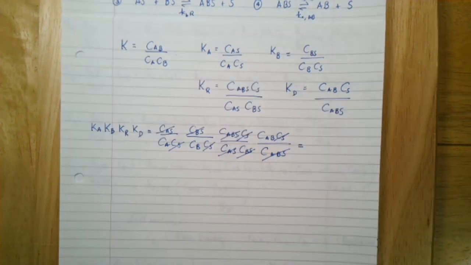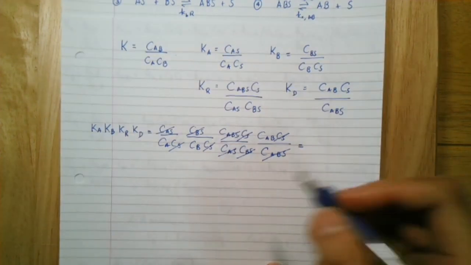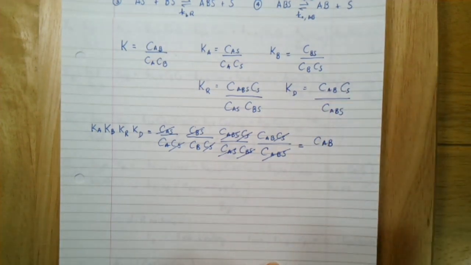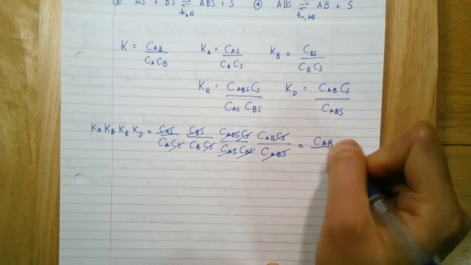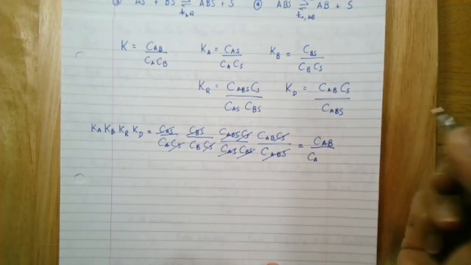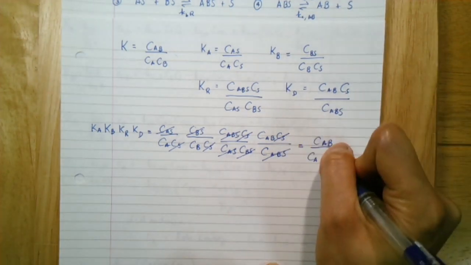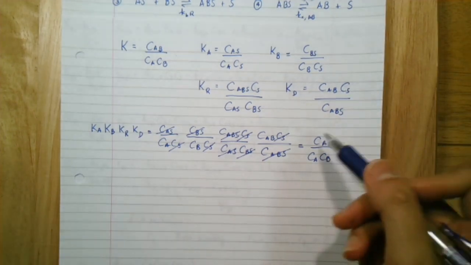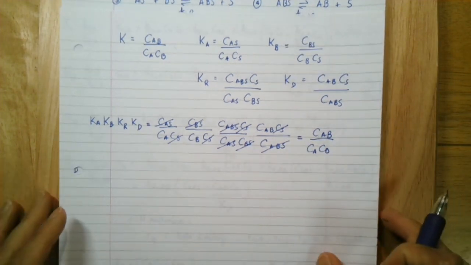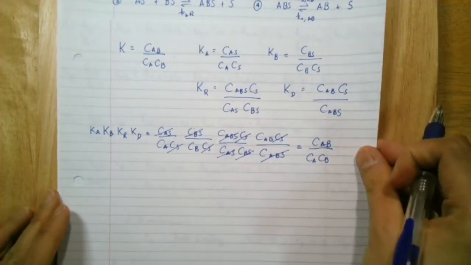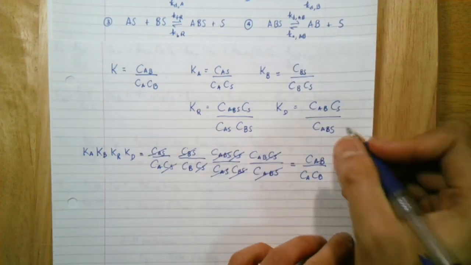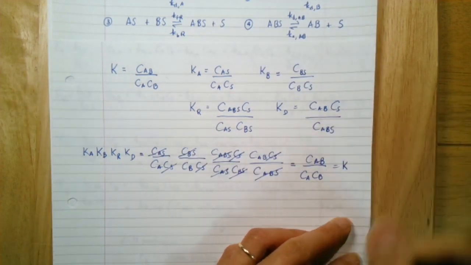So we are left with CAB in the numerator and CA times CB in the denominator, which are all bulk concentrations. And in fact, this is the definition of our overall equilibrium constant, K.